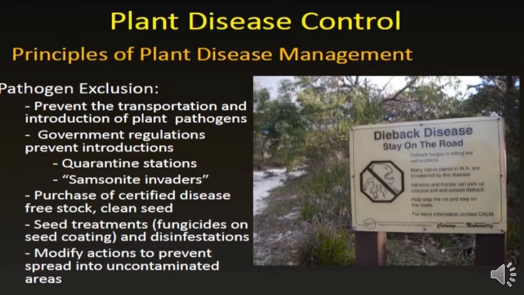The second principle for excluding pathogens is to produce pathogen-free seed or planting stock through certification programs for seeds and vegetatively propagated plant materials such as potato.